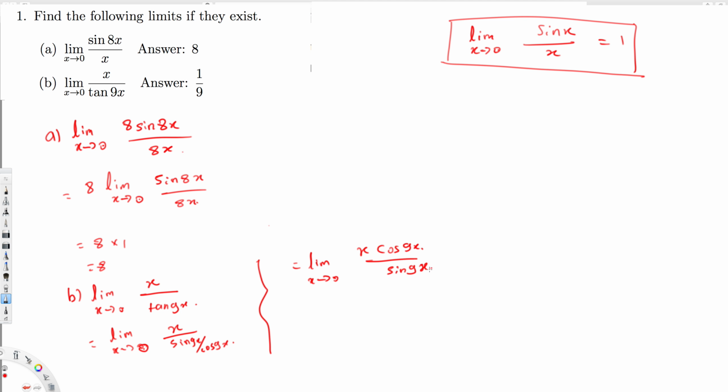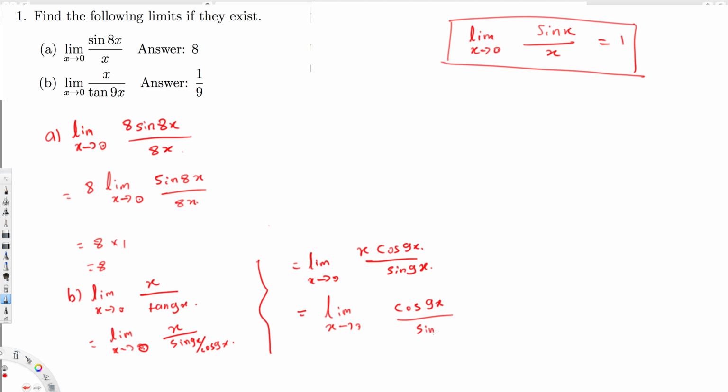Now this format is slightly appearing right here, but it's the reciprocal of this one, and it's going to be the same thing. I'll write it in one more step to make it clear. The limit as x approaches 0 of cos 9x, as I flip the cos 9x to the top, I can flip the x to the bottom, right?